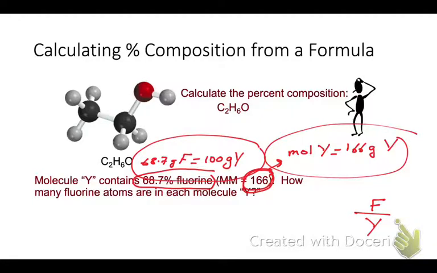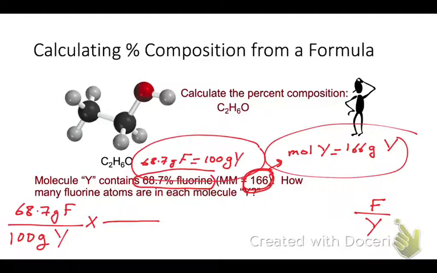I'm going to say there are 68.7 grams of fluorine for every 100 grams of Y. Then I want the quantity, which is how many atoms of fluorine for every molecule of Y. Grams don't help. I have to take them into moles.